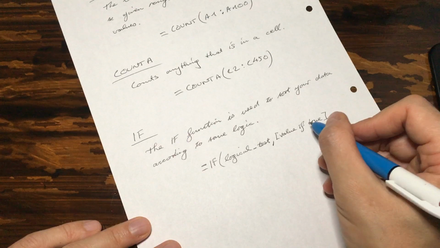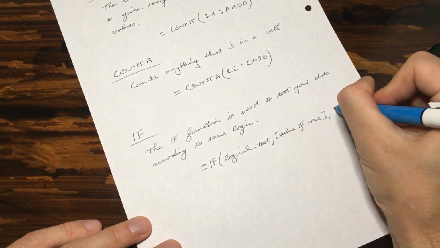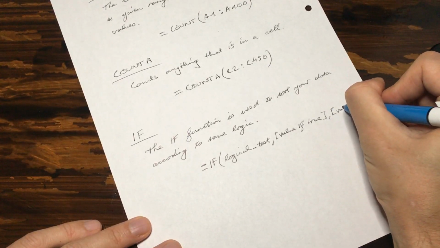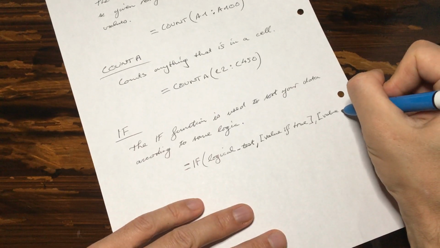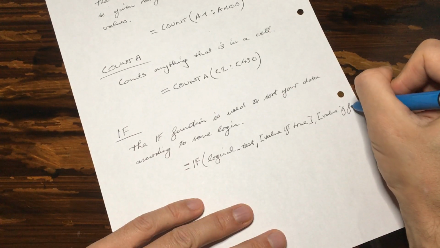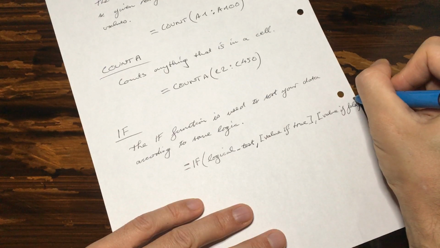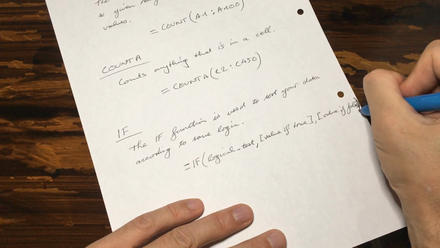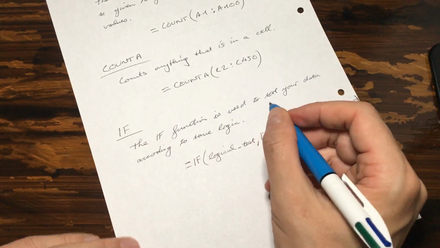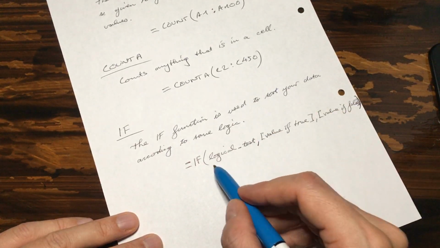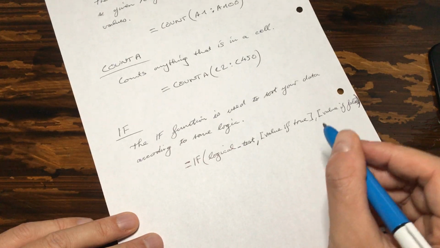Okay, so this is what you would put in if the value is true, and then value if false. I'm running out of room, but there you go, then the square brackets and then that at the end. Okay, right, so that's just basically how this IF looks.